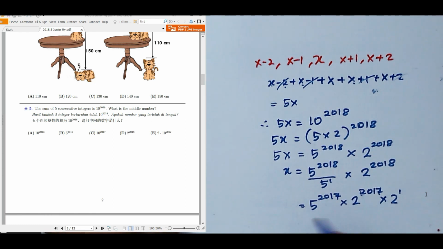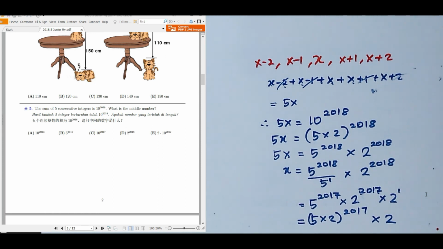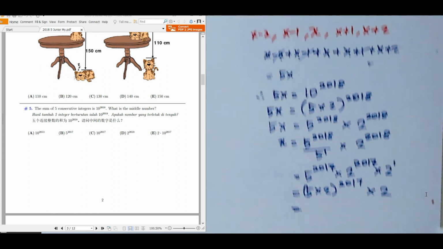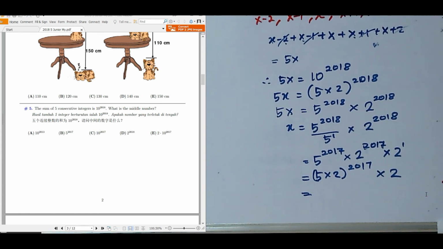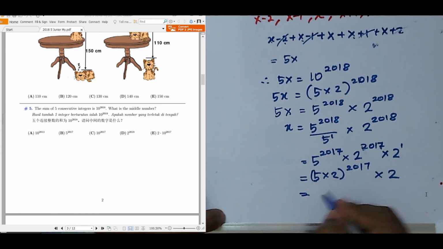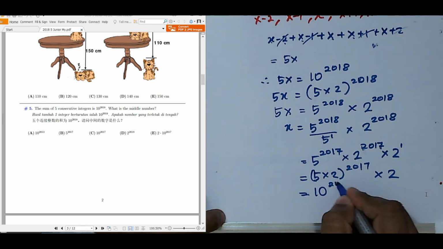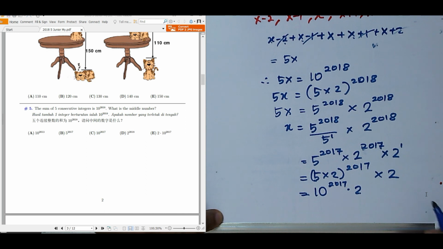So I can take this as 10 to the power of 2017 times 2. The final answer will be 5 times 2 is 10 to the power of 2017, times 2. So the answer should be answer E.